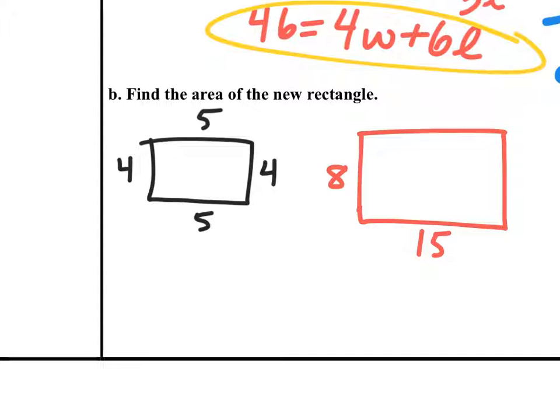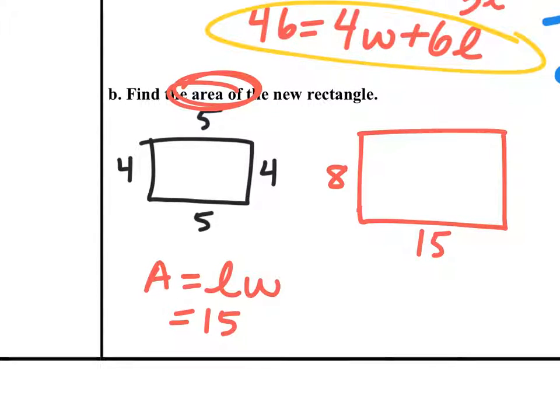So find the area of the new rectangle. Area, remember, is length times width. So that would be 15 times 8, which maybe you can think about doing that in your head. So going to your calculator, 2 15s gets me 30, times 4 would get me 120.